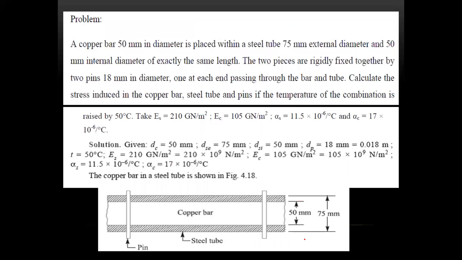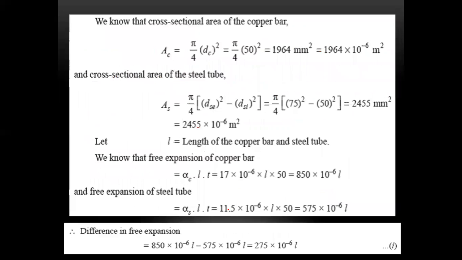Okay, in the same way the other problem can also be done, right? So I will not discuss it in detail. There is a copper bar and a steel bar, placed at the same position, inserted inside the pipe.